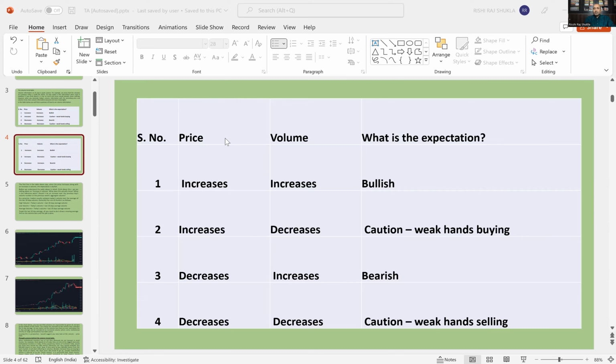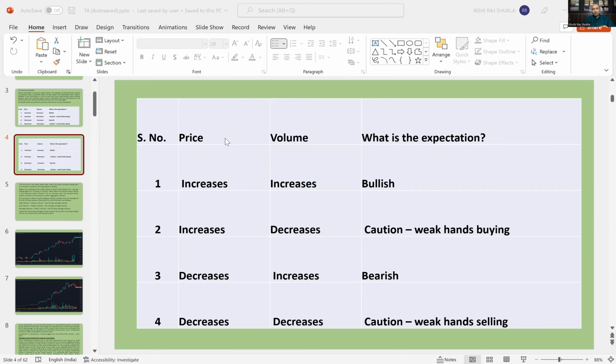So this is the meaning of this, and accordingly we should have our trading setup. We should avoid taking a bet or purchasing any stock where there is an increase in price but a decrease in volume.